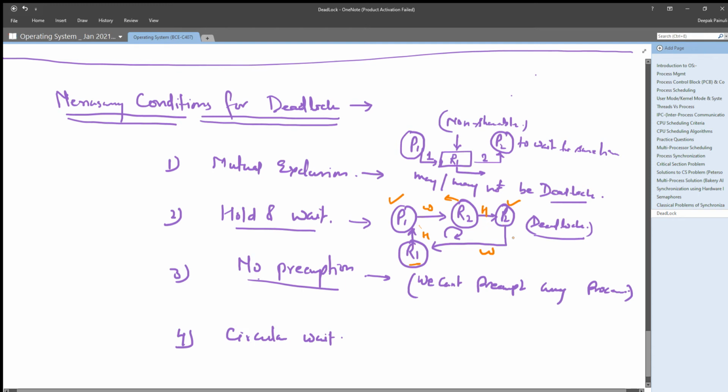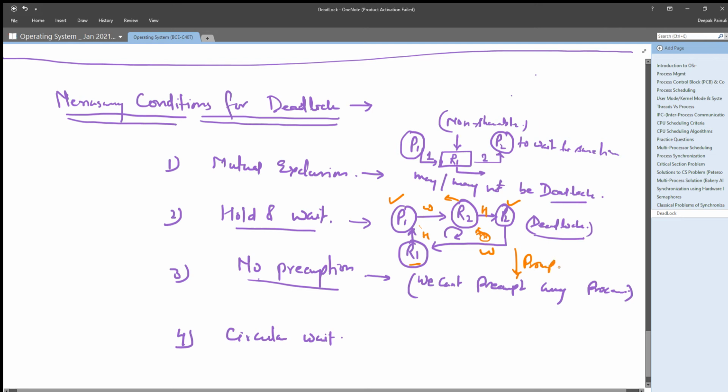In the second case, we forcefully make either P1 or P2 release their resources for some time, right? That means we are explicitly instructing the waiting or deadlocked processes to release their engaged resources for some time. That means we are preempting them.